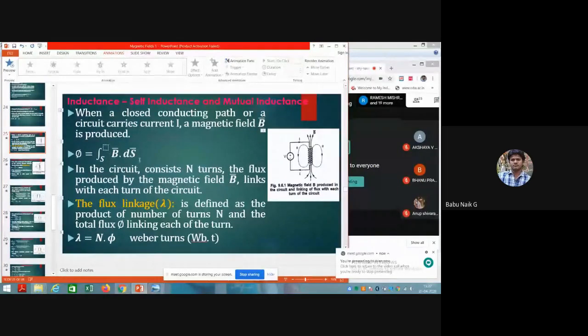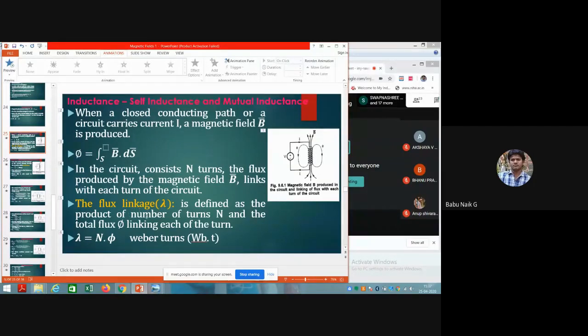The flux is equal to the surface integral of B dot dS. Once the current carrying conductor produces this flux, and if you place another circuit that links with it, you can calculate the flux linkage.